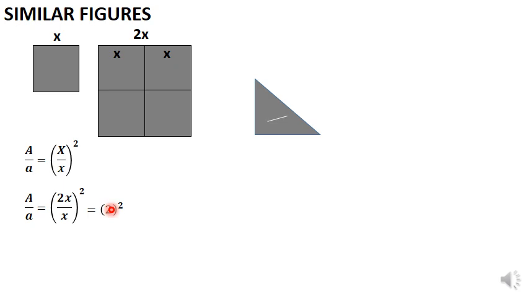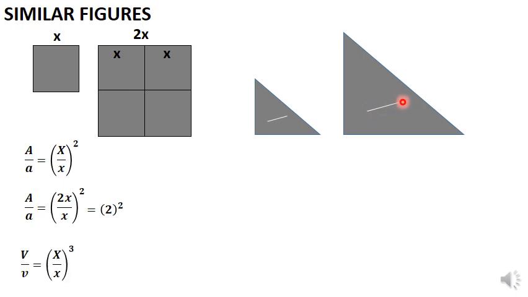Similarly, if we have any other area, as long as we have a defined segment corresponding to the other segment here, then if we can monitor or trace the increase or the decrease in that segment, then we can also determine the increase or the decrease in the corresponding areas.